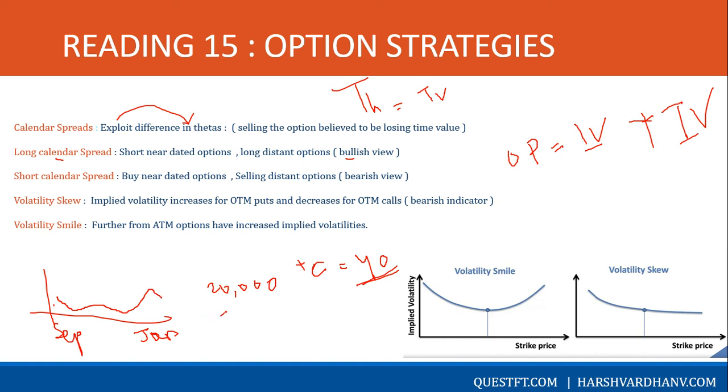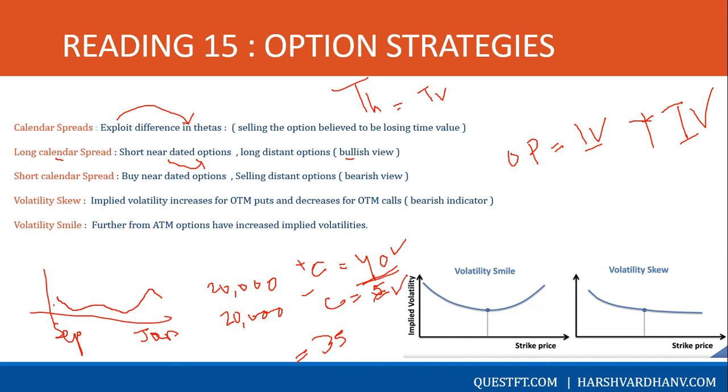So what I'll do is I will sell the call option of 20,000 in the near term, and I might collect say suppose $5 from that, because it's shorting the near date option, so the value will be low. So what I've done, I've effectively reduced my cost of the call option. Call option costed me 40 rupees.